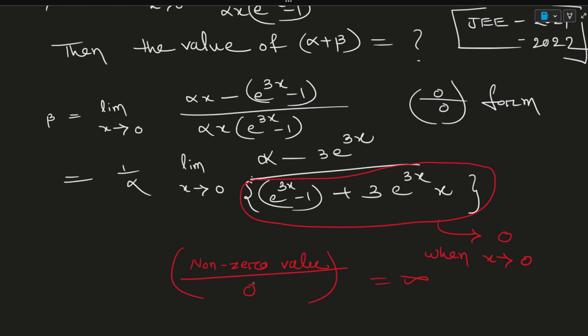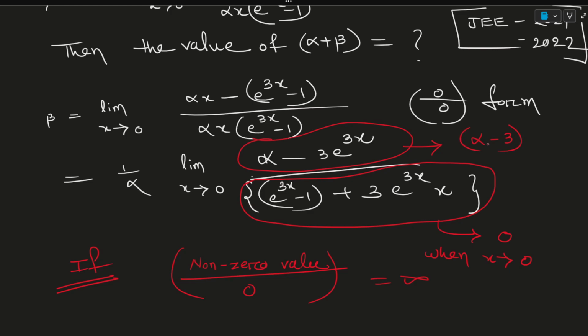So the denominator will be 0 when x tends to 0. And when x tends to 0, if the numerator is a non-zero value, the numerator will be reduced to alpha minus 3.